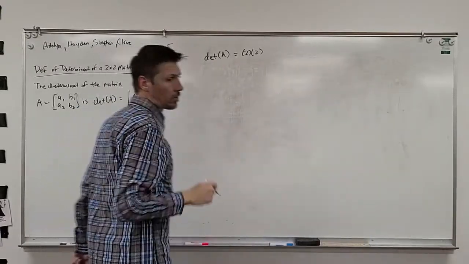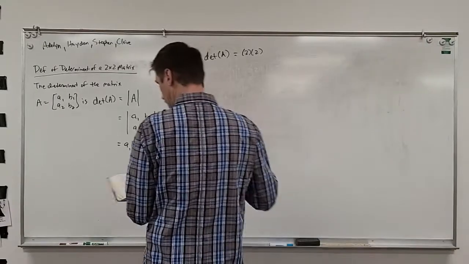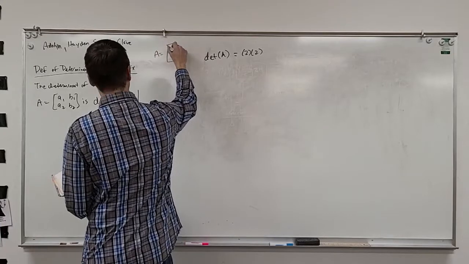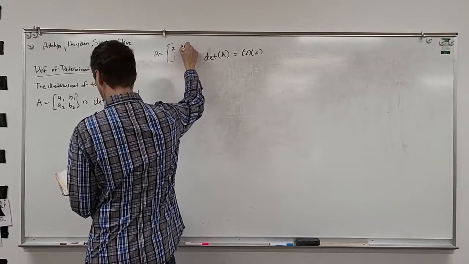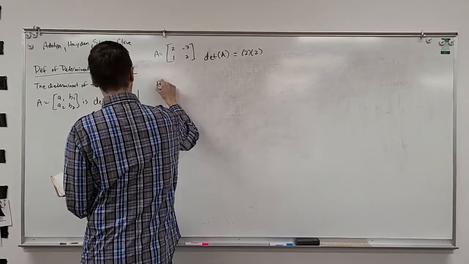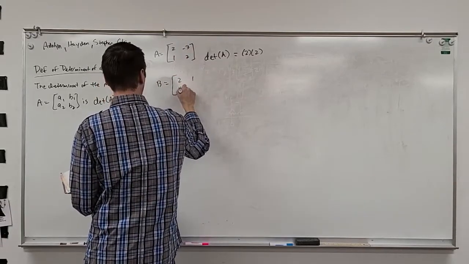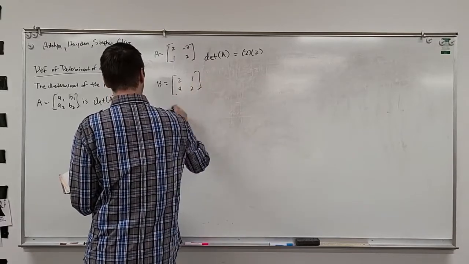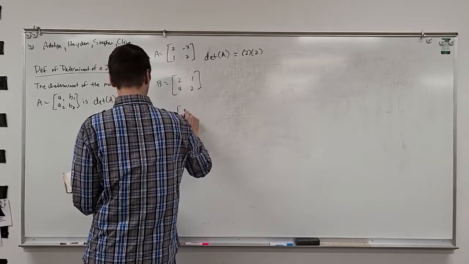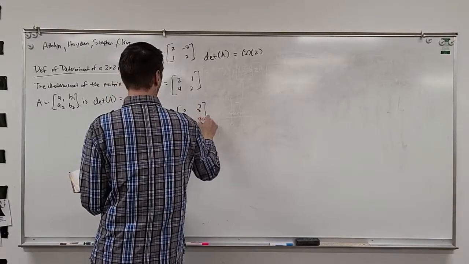So we'll have it here on the board. I'm going to write each of these down actually. A equals 2, 1, negative 3, 2. B equals 2, 1, 4, 2. And C equals 0, 2, 3 halves, and 4.